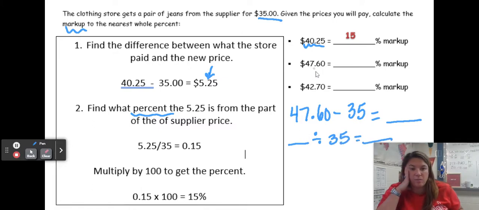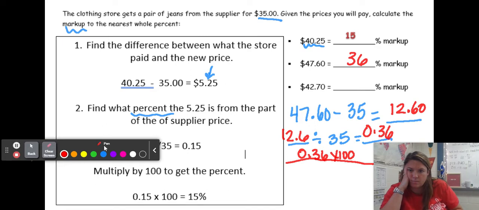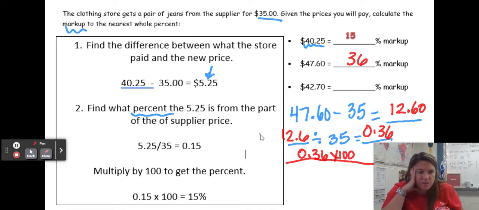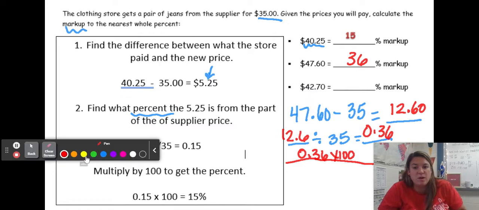All right, go ahead and try that middle one. All right, guys, how do we do with this one? So I subtracted first, I got $12.60, and then I divided that by the $35 to figure out what percent that is out of the 35, 36%. Go ahead and try $42.70. So pause the video and see if you can figure out what the percent of markup is if you have to pay $42.70.